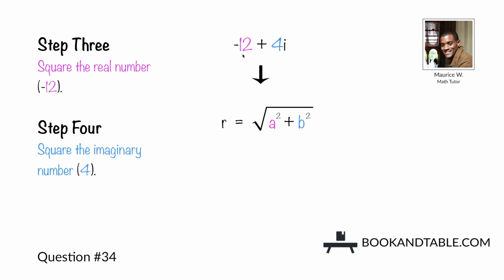So we want to square the real number negative 12. And we want to square the imaginary number 4.